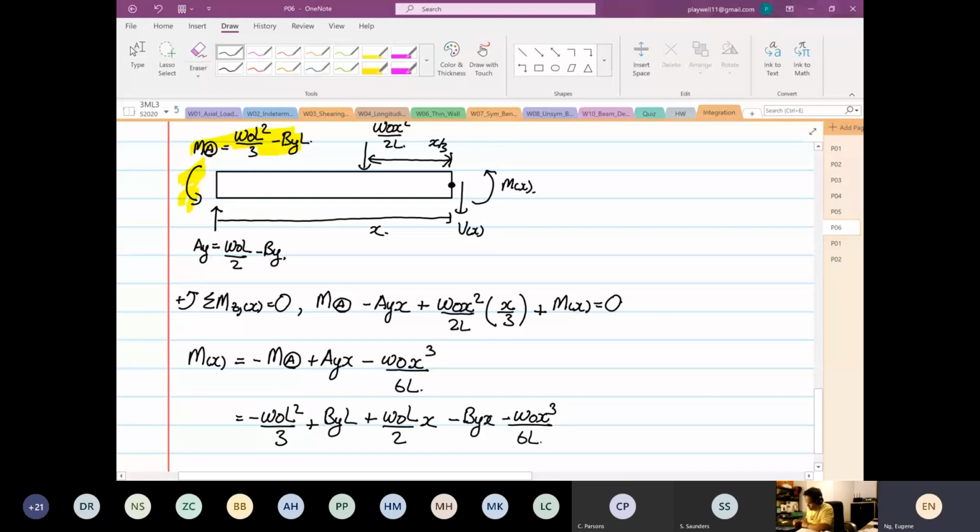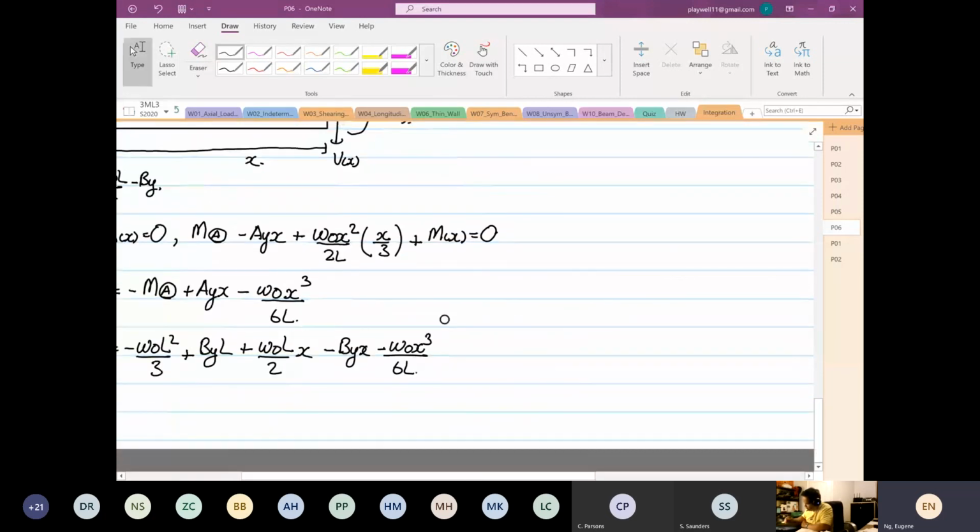Okay, so let me check. ByL plus, can you simplify any more? No. Then after this, immediately say that this is equal to EI d squared y over dx squared.